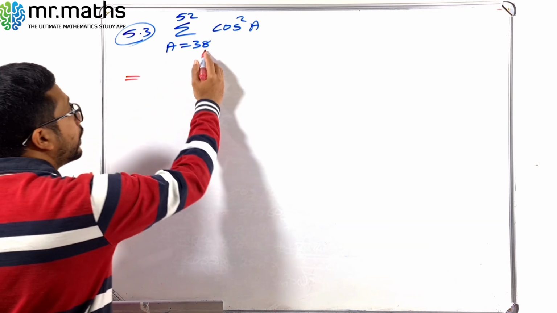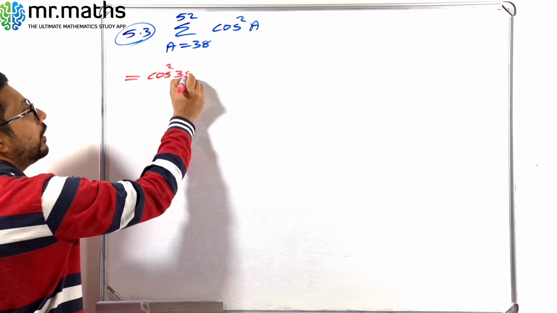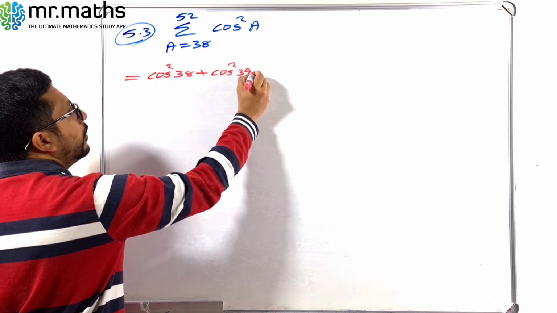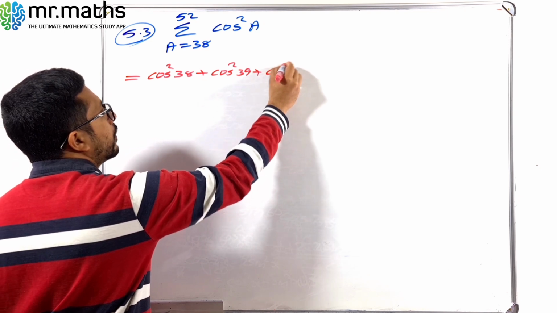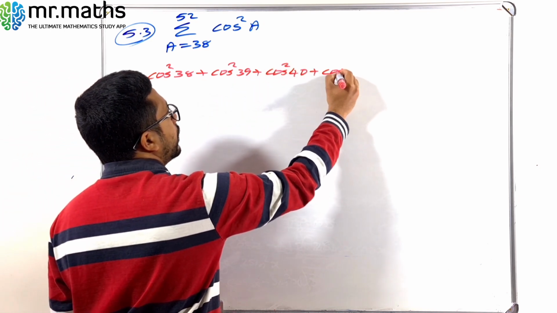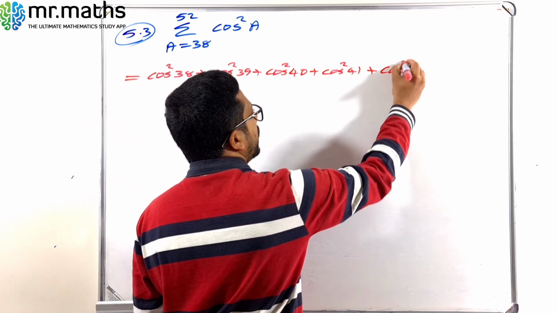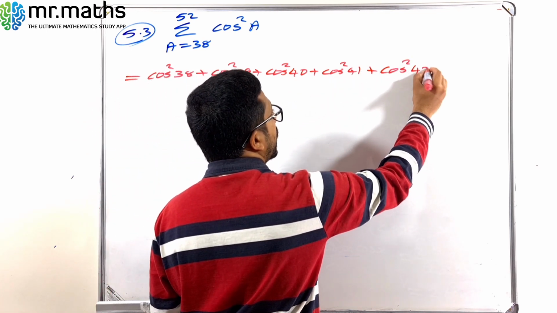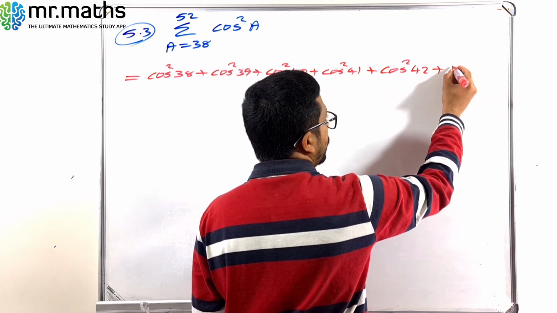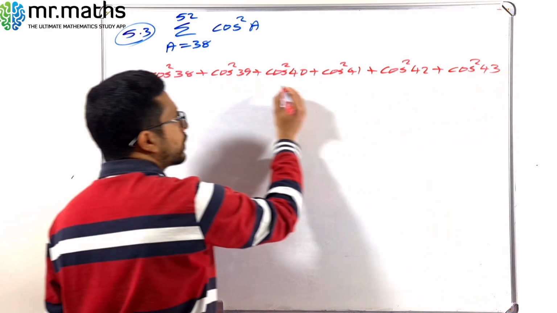So cos square 38 plus cos square 39 plus cos square 40 plus cos square 41 plus cos square. It is not compulsory that you write all of these things, you can just put a equal to, but I just want to show you something, that's why I'm writing like this.